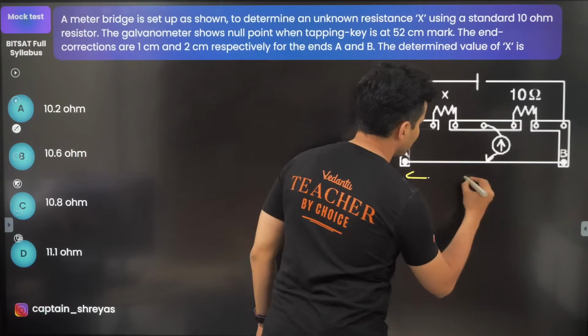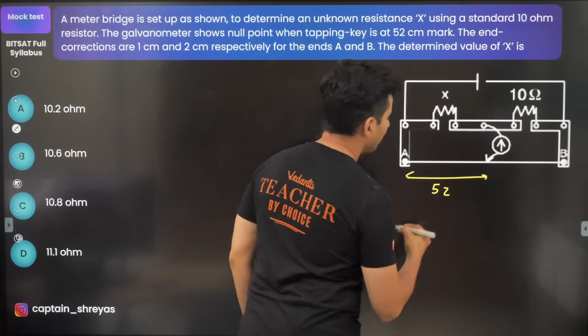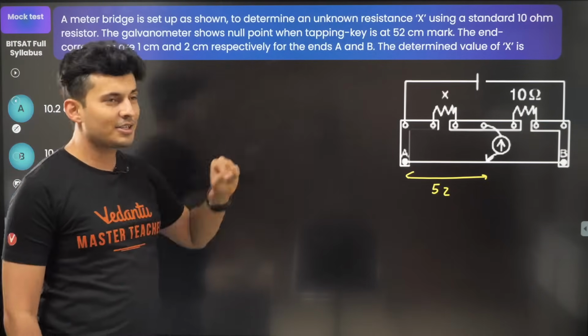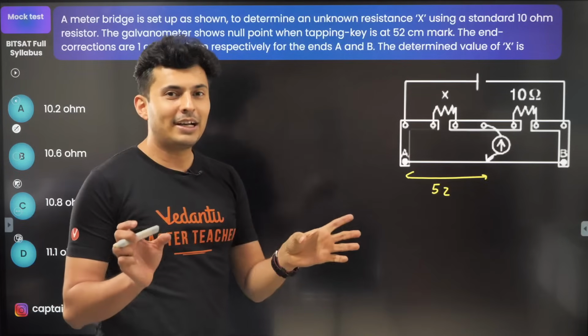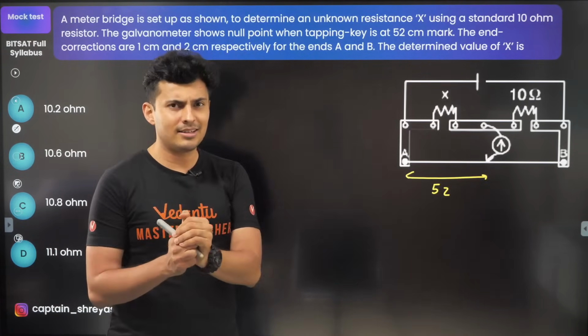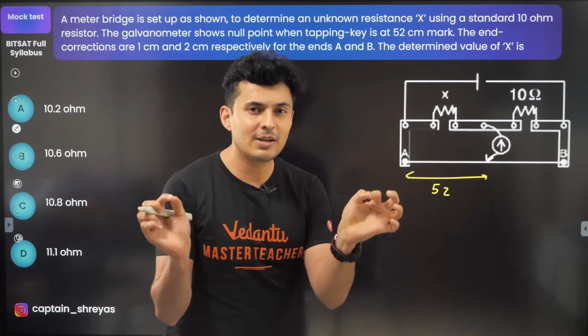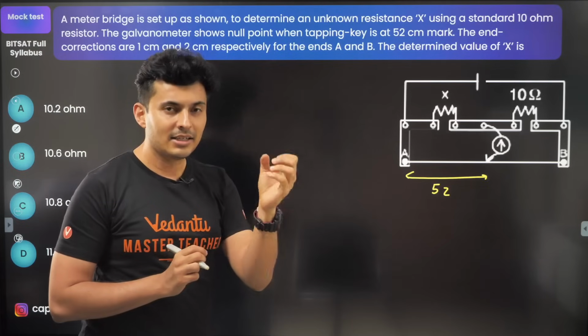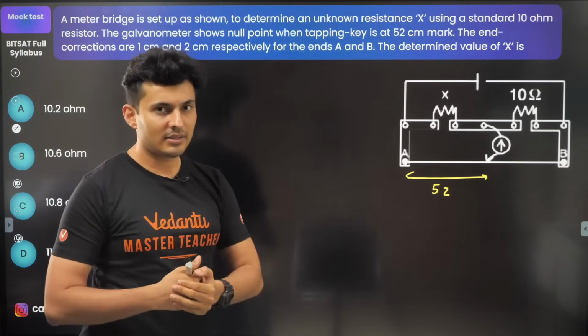So this is 52. But there is a problem. I can see there is end correction. The meaning of end correction is that this point and this point have their own internal resistance, which changes the effective length of the wire. And you need to consider that end correction at both the ends.